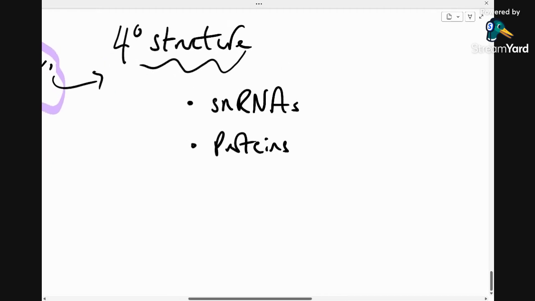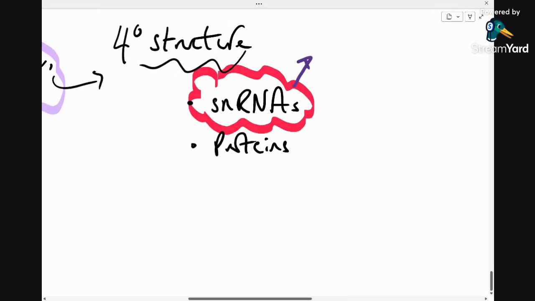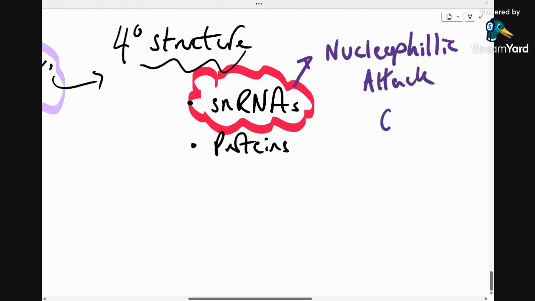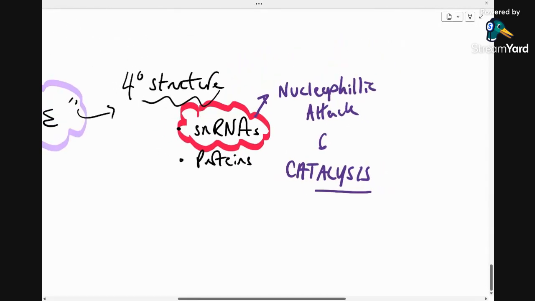But again, kind of like the ribosome from last year, it is the snRNAs that can do nucleophilic attack and achieve catalysis. It's RNA that's doing catalysis. Weird, not protein, interestingly.